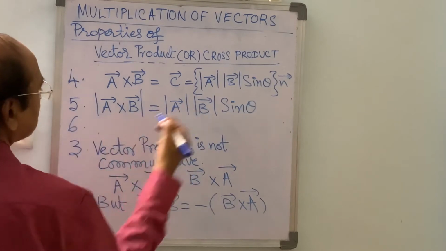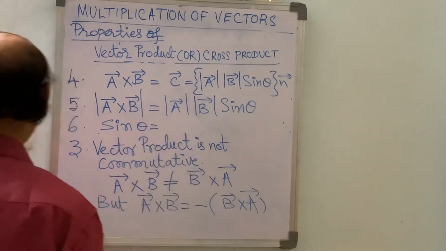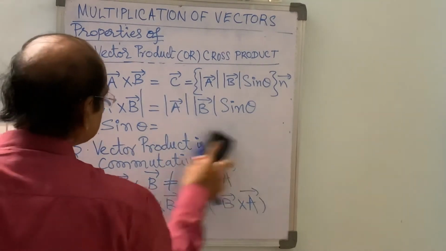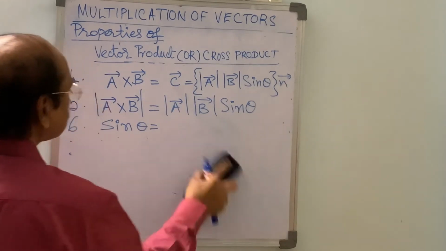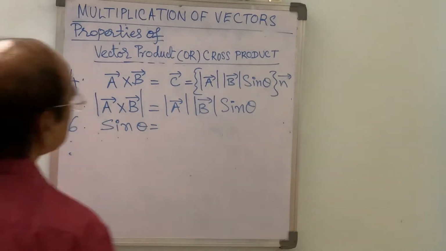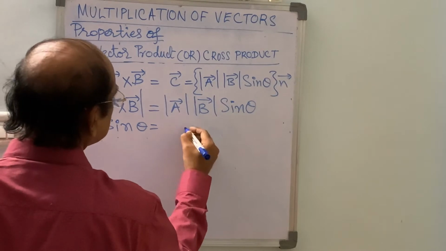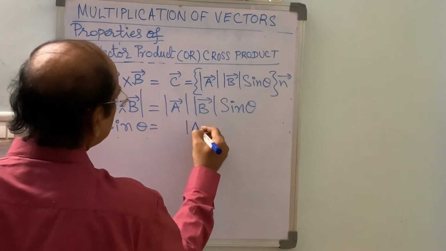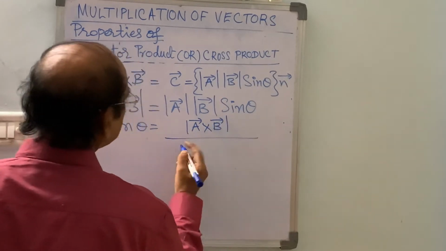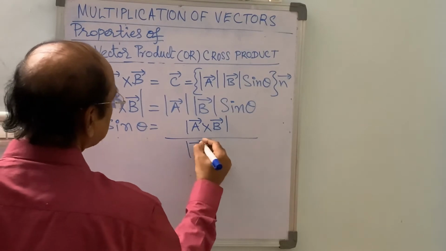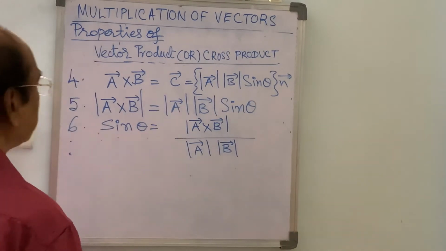From this we write sin theta value. If we know the cross product value, then sin theta is equal to the magnitude of cross product of two vectors divided by the product of their magnitudes, then we obtain the sin angle between them.